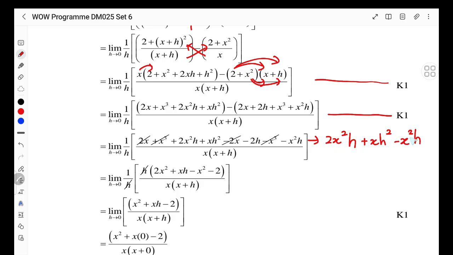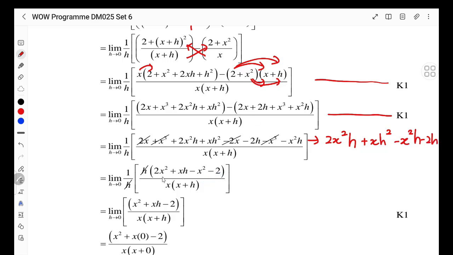Now each term has h in it, so we can factor out h to simplify with 1 over h outside the bracket here. So you factor out h from this expression. So you get 2x squared plus xh minus x squared. Oh sorry, you have minus 2h here, minus 2h, minus 2.